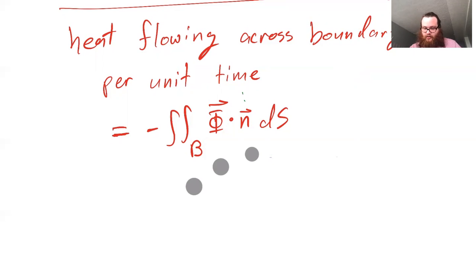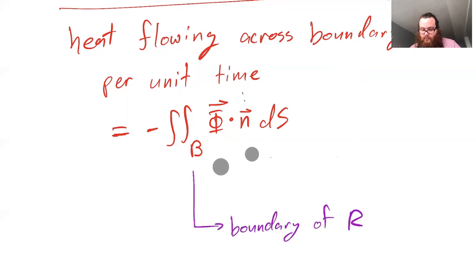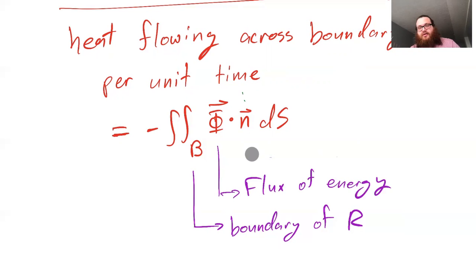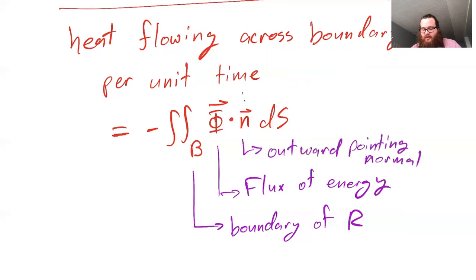Let me go through these in order. So B here, that's going to be the boundary of our region. Okay? So we're looking over the entire boundary of the region, and we're looking at how things are changing at that boundary. What are these other two pieces? So as I said, phi is this flux, or how energy is flowing. Okay? And then this last term is this outward pointing normal.